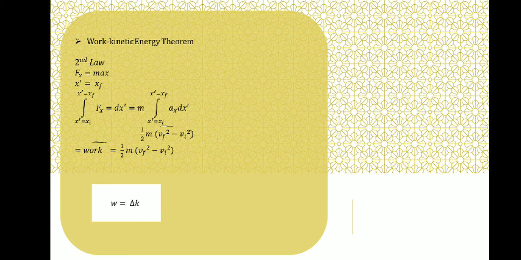Now we integrate this: the integral of Fx dx prime from xi to xf equals m times the integral from the initial value to the final value of ax dx prime.